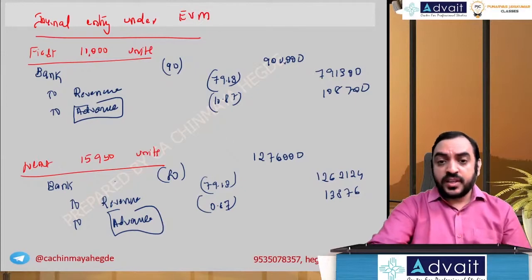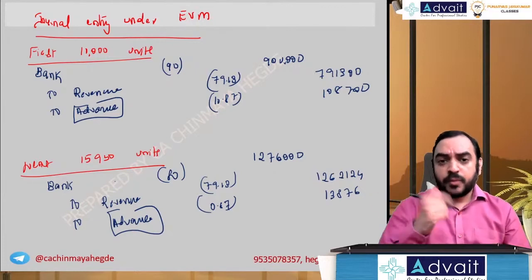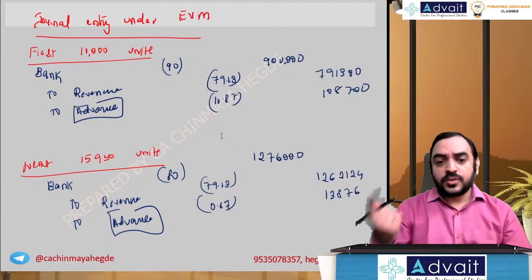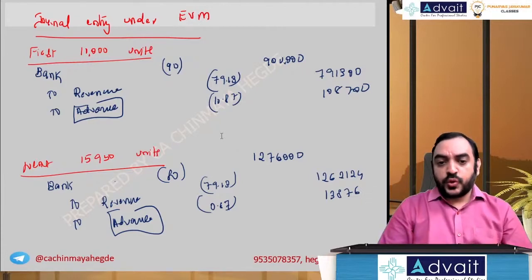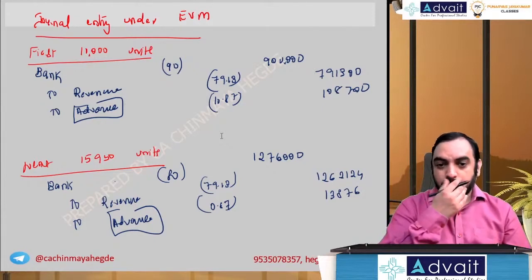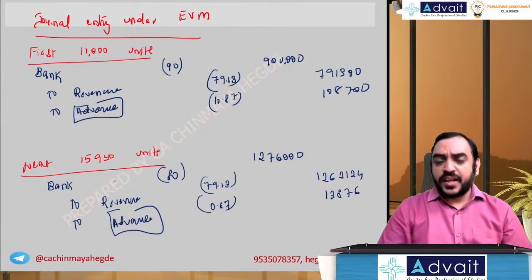How much remaining amount? 80 rupees what you can recognize, but 80 rupees selling price, what customer has paid, but we are recognizing revenue only for 79.13. So balance amount is what is going to be considered, because we can recognize revenue only up to 80 rupees. So 80, we have recognized the revenue of 79.13, right?